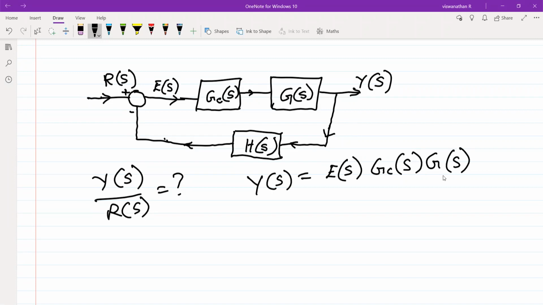So you can multiply all these three. That is the advantage that you get when you are doing it in the S domain. So Y of S is this.